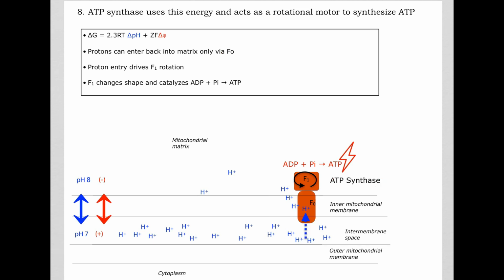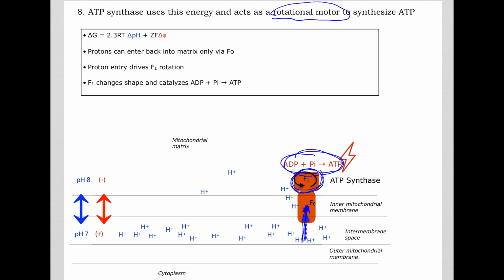As these protons rush into the F0 channel, this enzyme starts moving like a rotational motor, and that causes the F1 part to change shape, and by changing shape, the F1 part catalyzes the synthesis of ATP from ADP and Pi.